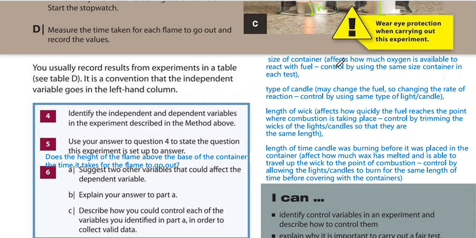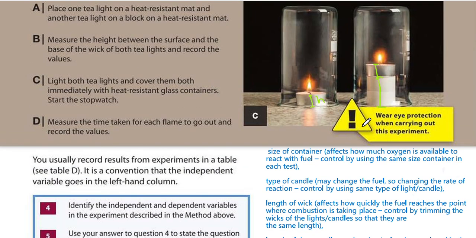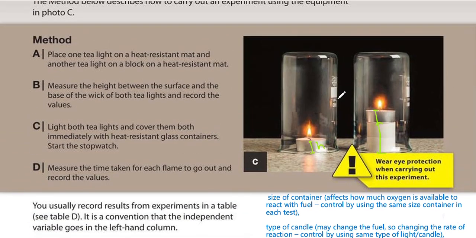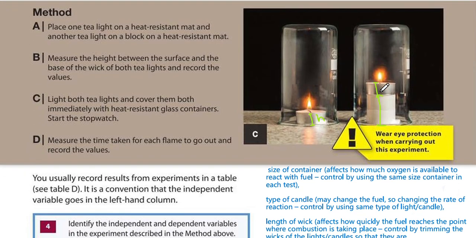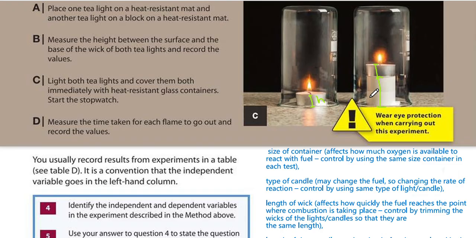Now let's go through one by one. One is size of the container. Now if you take a small container for one and a long container, like a container with a bigger height, for the other, is it going to be a fair test? No. Why? Because it affects how much oxygen is available to react with fuel. You can see it's in a contained space. That means it's covered.